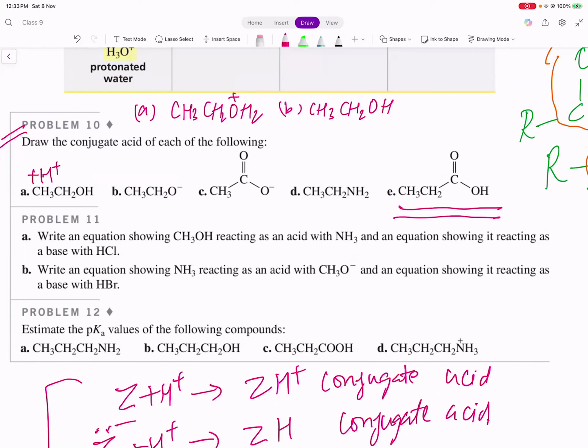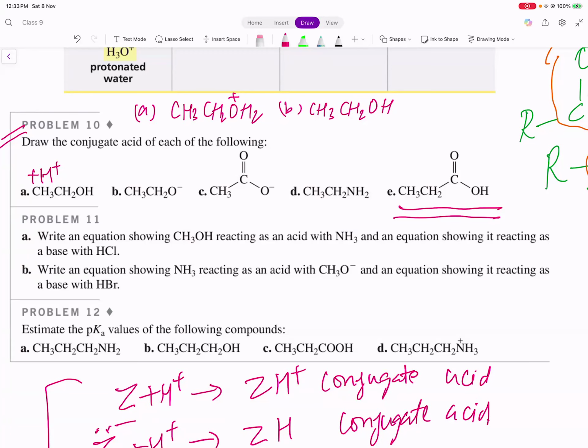Yes, sir. That is one thing. Now 11 part A. Again, in the product, it will be CH3O minus and NH4 plus. Yes, sir. And in the product, when we are writing CH3OH plus HCl, it will be CH3OH2 plus and Cl minus, right? Yes, sir.